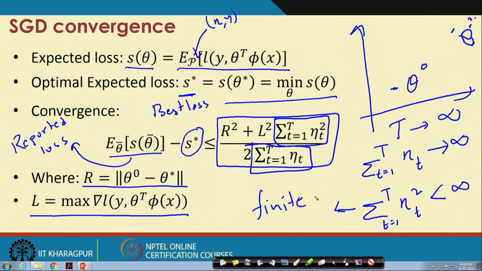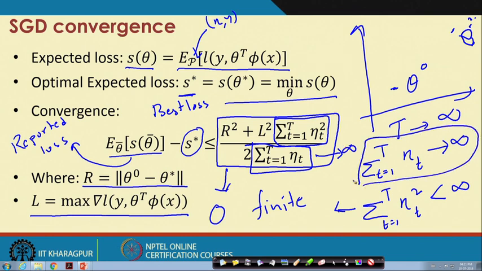If this is the case, then as you can see, this term will go to 0, because the denominator will go to infinity and the numerator is some finite number. It may be a very large finite number, but it is a finite number, while the denominator, as you increase capital T, will go to infinity.